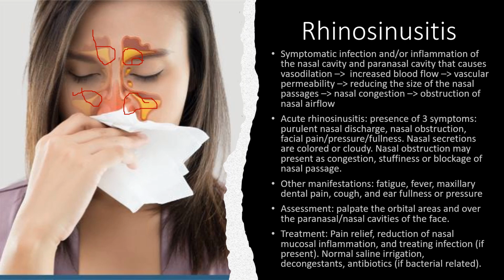So this does need to be treated. We want to look at the patient's vital signs. Again, that physical exam, we're going to be palpating over their face, their paranasal, nasal cavities, look at their orbital areas. And the treatment, we're going to be reducing the mucosal inflammation, use that neti pot, antibiotics if needed, decongestants.